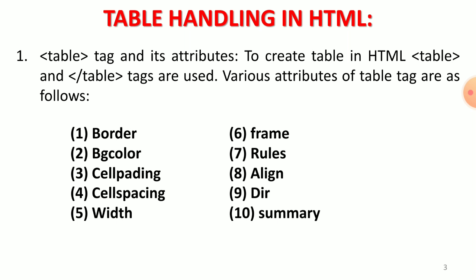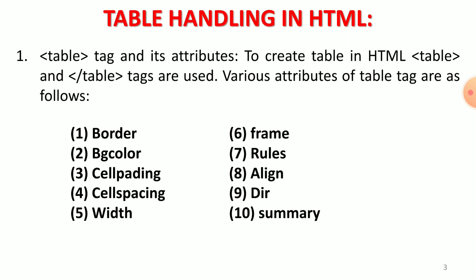The width of the border is given in the form of pixels. No border will be visible when border equals 0 is given. That means border equals 0 means none, and border equals 1, 2, 3 and so on means the border is visible.